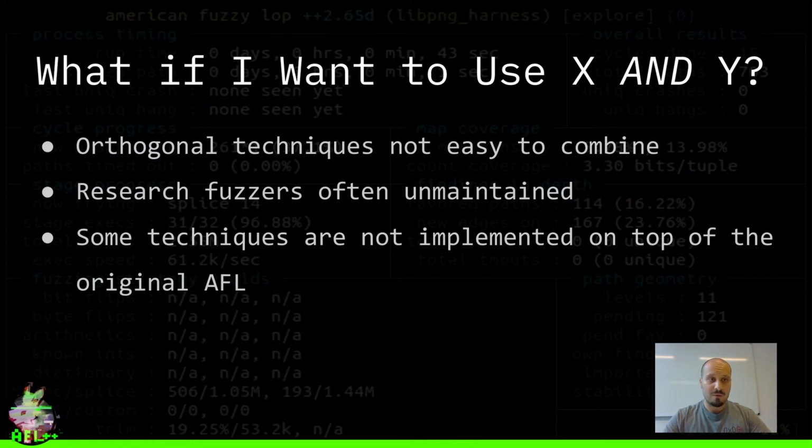These tools are also often not maintained anymore after the publication of the relative paper, and some of the techniques like Redqueen are not even implemented on top of AFL, so an analyst has to rewrite the technique from scratch if they want to combine it with another technique.